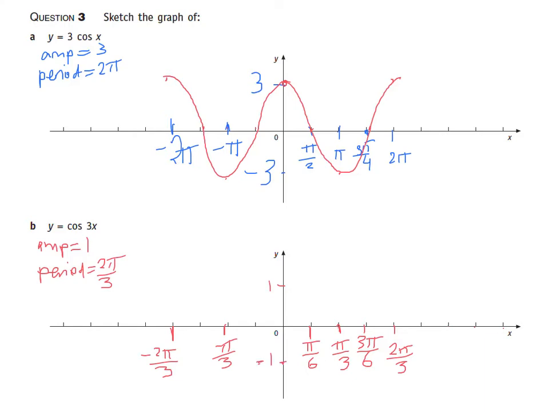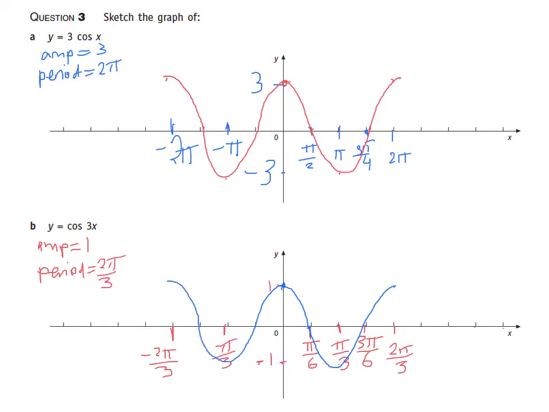Now our cos x graph starts up here at 1. Our period, remember, is 2 pi on 3, so we're going to finish over here. We're going to come down to 0 and down to negative 1 there. So our graph is going to look like that. And because it is symmetrical, it's going to go through these values here.